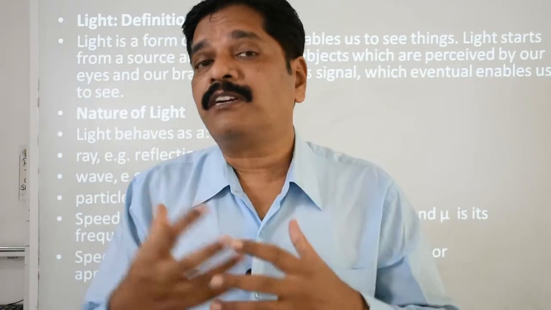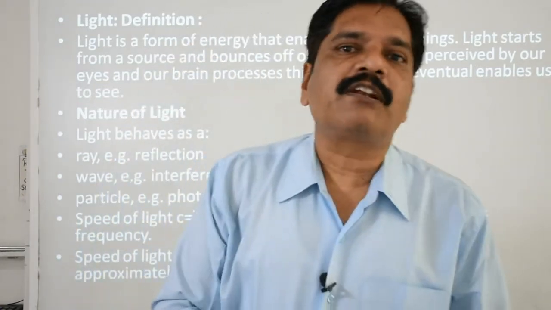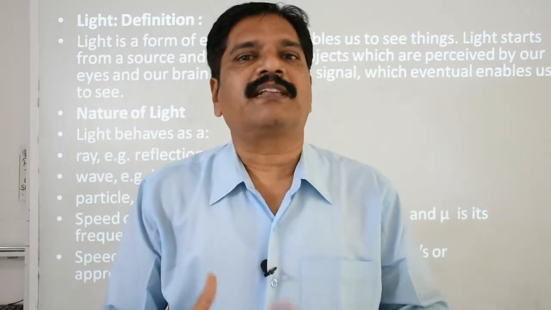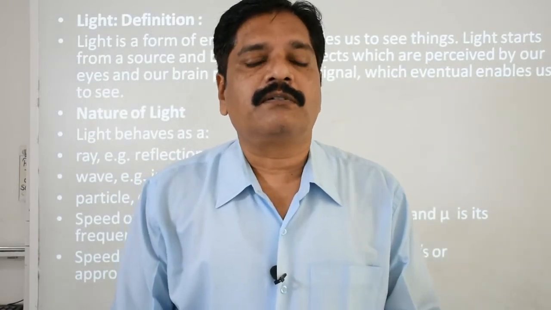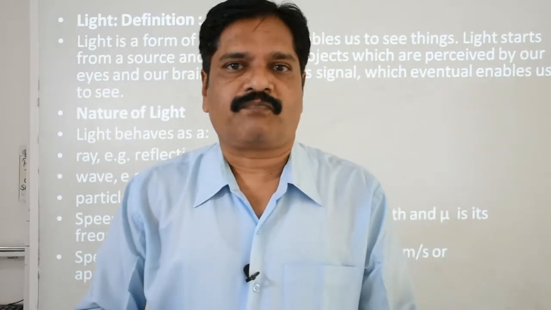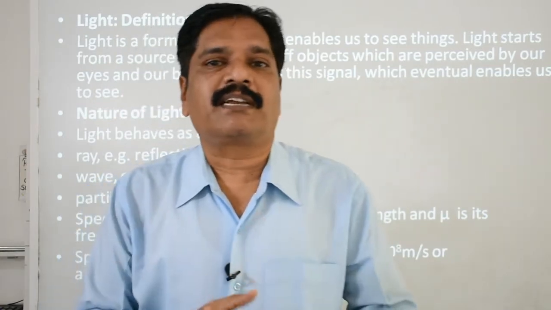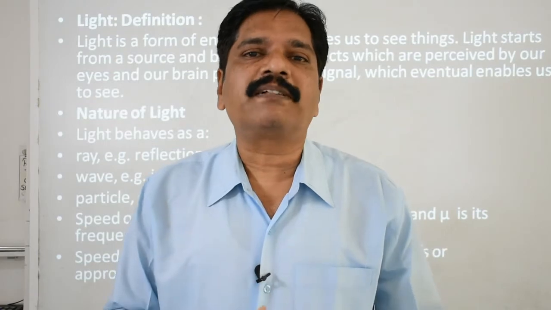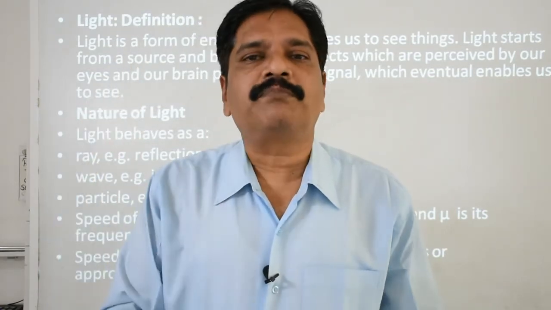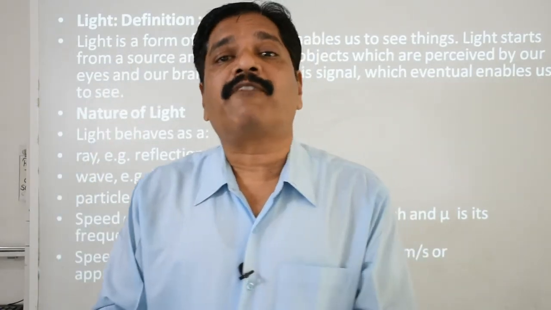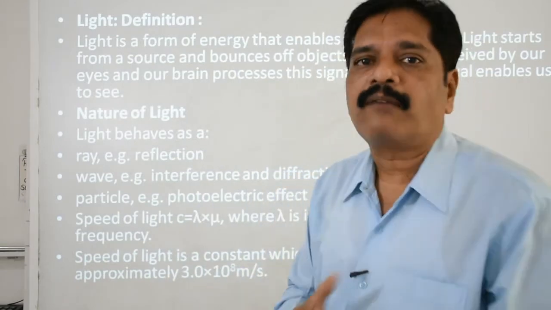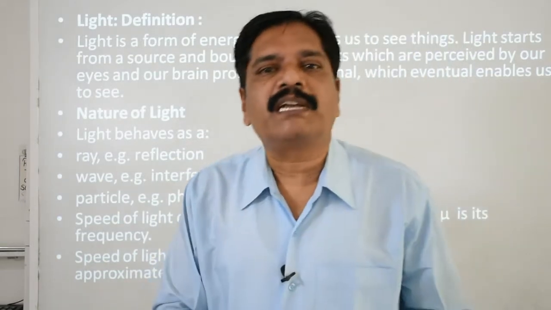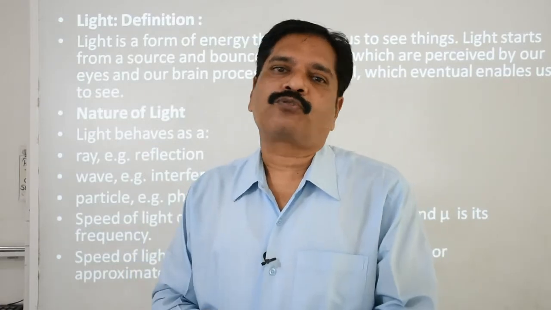After bouncing, when this light ray comes to you, your eyes, the sense organ responsible for vision, receive these signals and convert them into impulses. It carries them to your brain, and the brain finally analyzes them and you are able to see the thing.